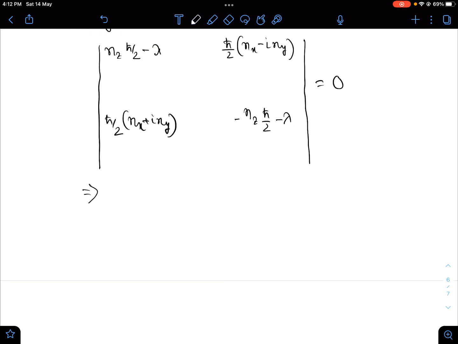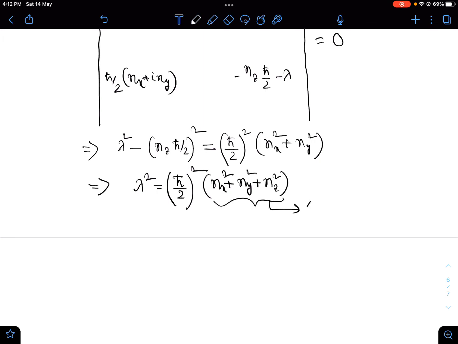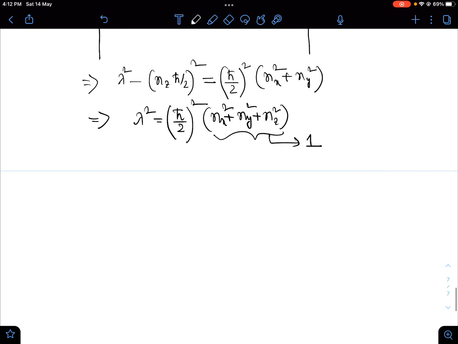From here we will get lambda square minus nz h cut by 2 squared equal to h cut by 2 squared times nx square plus ny square. If we simplify this, we will get lambda square equal to h cut by 2 squared times nx square plus ny square plus nz square, but this term is 1.